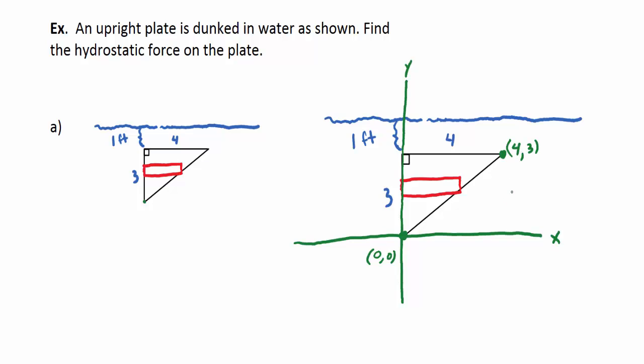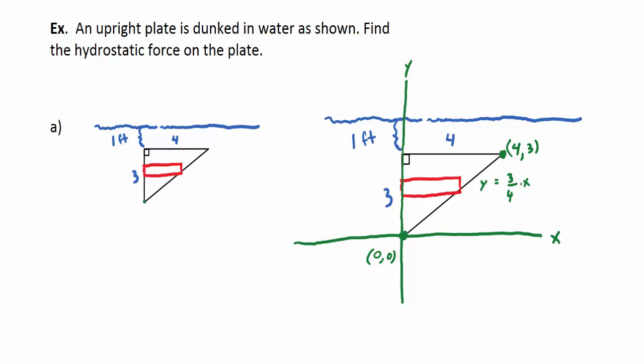So since the line goes through the origin, just use y equals mx plus b. So what equation is that going to be? y equals, and what's the slope? Rise over run, right? So go up 4 and over 3. So 4/3. Oh no, I'm sorry, I read it wrong. Up 3 and over 4. So 3/4.